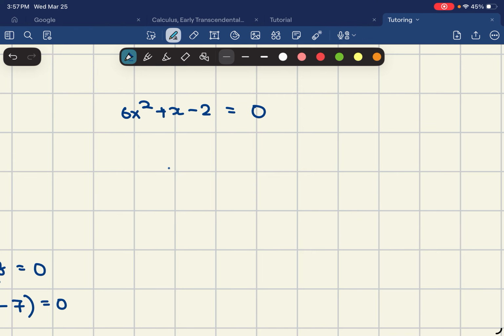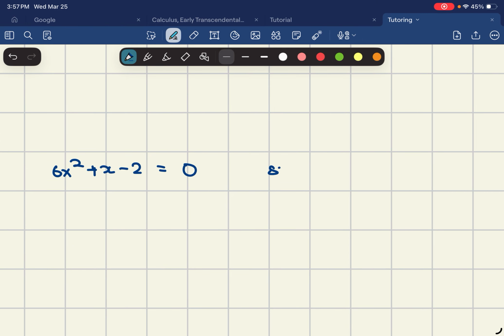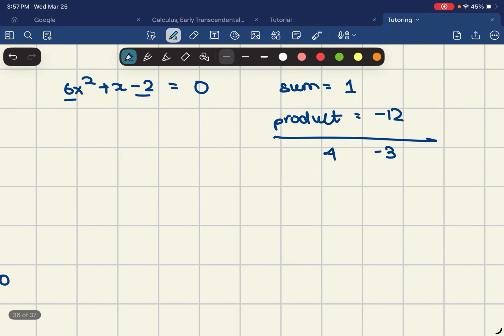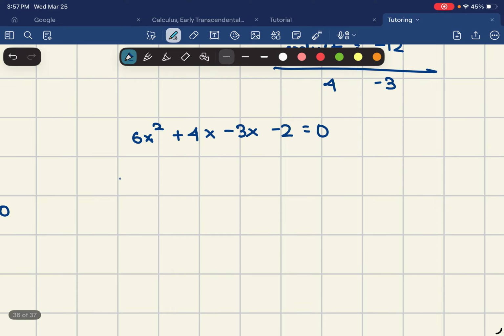Now when I solve this equation, the sum is going to be 1. The product is going to be 6 times negative 2, that is negative 12. So the two possible numbers, I believe, are 4 and negative 3. So 6x squared plus 4x minus 3x minus 2 is equal to 0. From the first two terms, I can factor out the 2 and an x. So 2x, I will have 3x plus 2.